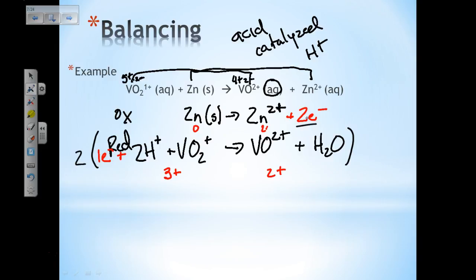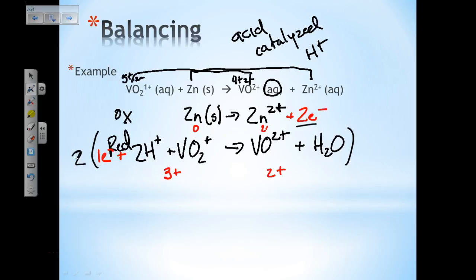We have 2 electrons being lost in the oxidation half reaction. Those 2 electrons have to go someplace. Where do those 2 electrons go? They go down to the reduction half reaction. So if those 2 electrons are going from the oxidation half reaction down to the reduction half reaction, there has to be 2 electrons in that part of the reaction.